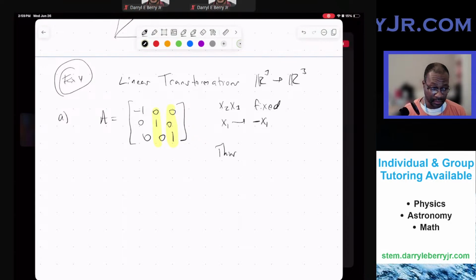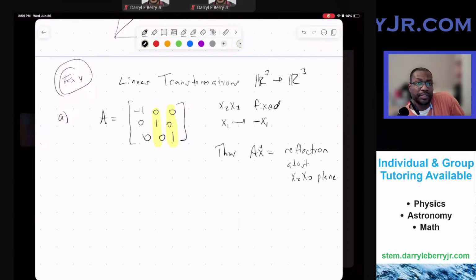Thus, AX equals a reflection about the x2, x3 plane, because x2, x3 is the same, but on the opposite side. Okay, I can see that.